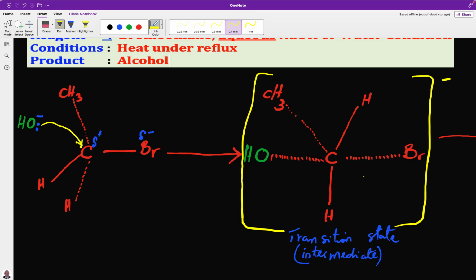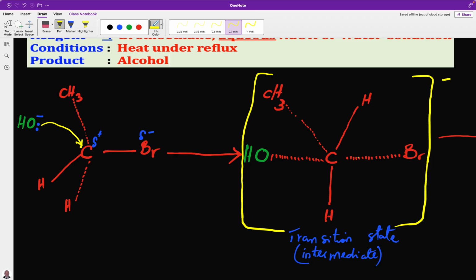The mechanism will go on like this until the nucleophile firmly attaches itself to the carbon, and the bromine finally breaks off heterolytically and goes away with its lone pair of electrons.